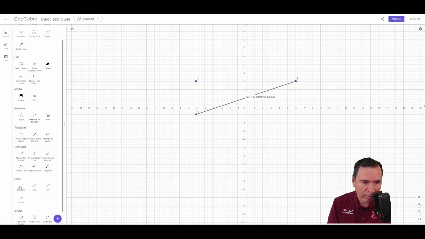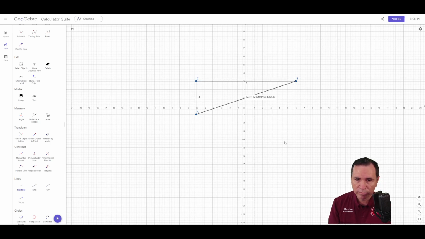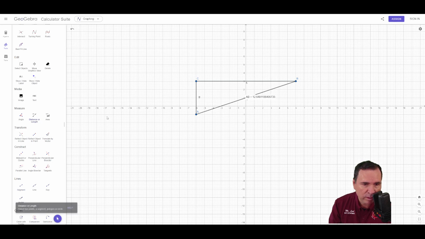Okay. Now what I'm going to do is I'm going to build a segment so you can see what is going on. You see this? I just built a right triangle. And the Pythagorean theorem says that this squared plus this squared is going to equal this squared. Okay? So notice this distance right here. If I measure this distance from here to here, it's obviously easy to count.